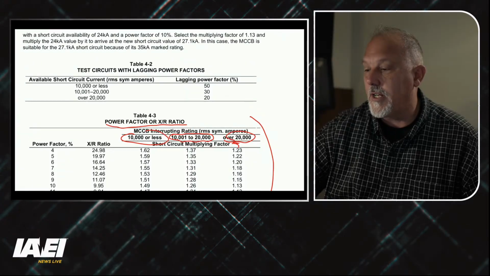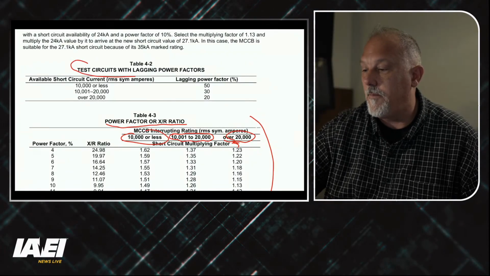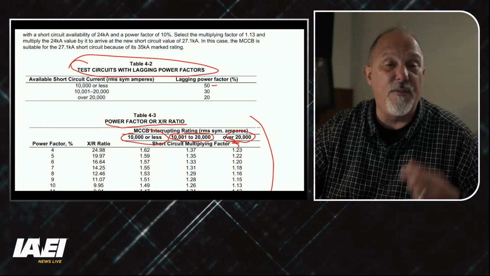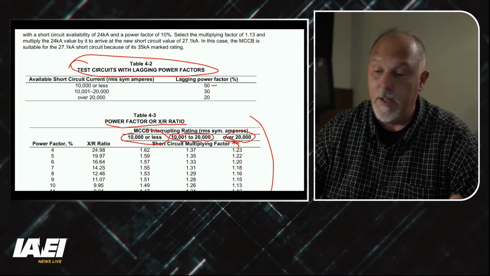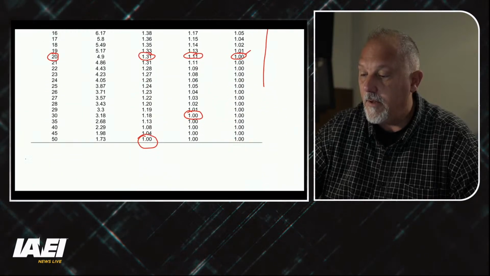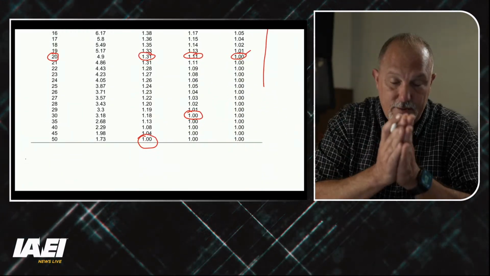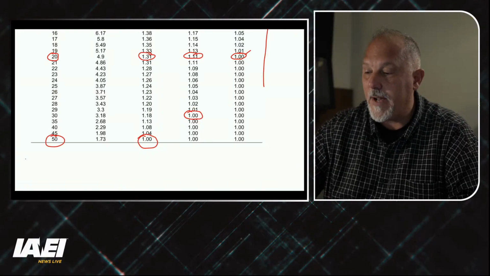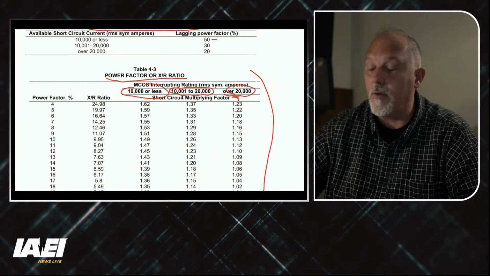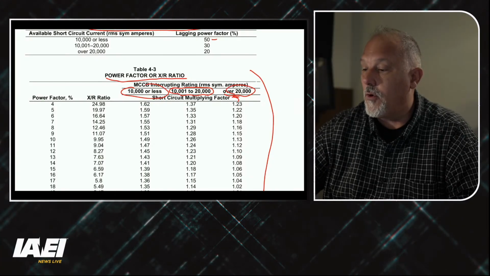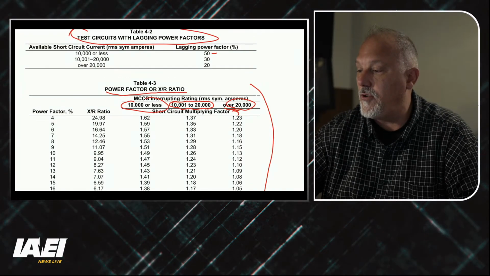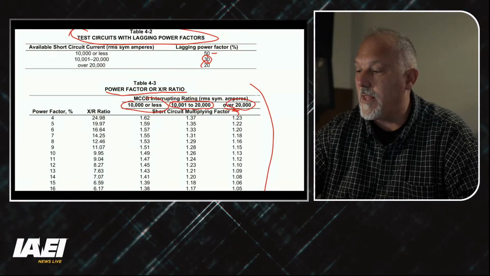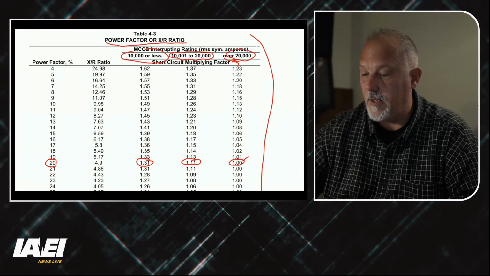So for available short circuit current, we test circuits with a lagging power factor. If it's 10,000 amps or less, we use 50% power factor. We use 30% for 10,000 to 20,000, and for over 20,000 we use 20%.